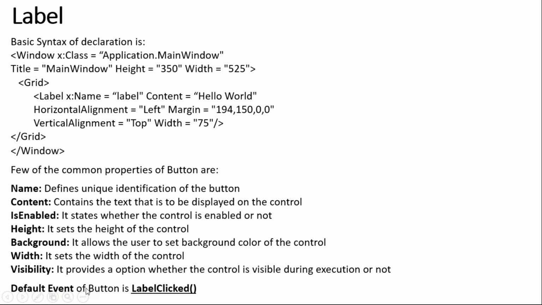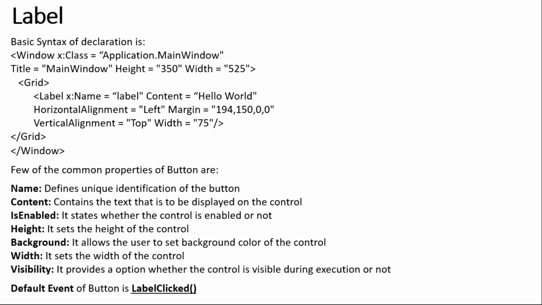Okay, so the default event of label: in Windows Phone we are having only the click event, but here for label we are having the label clicked event. So there is a difference between some events in WPF and Windows Phone. For button it is click in both. For label in Windows Phone it is the click event only. In WPF we are having the label clicked event.